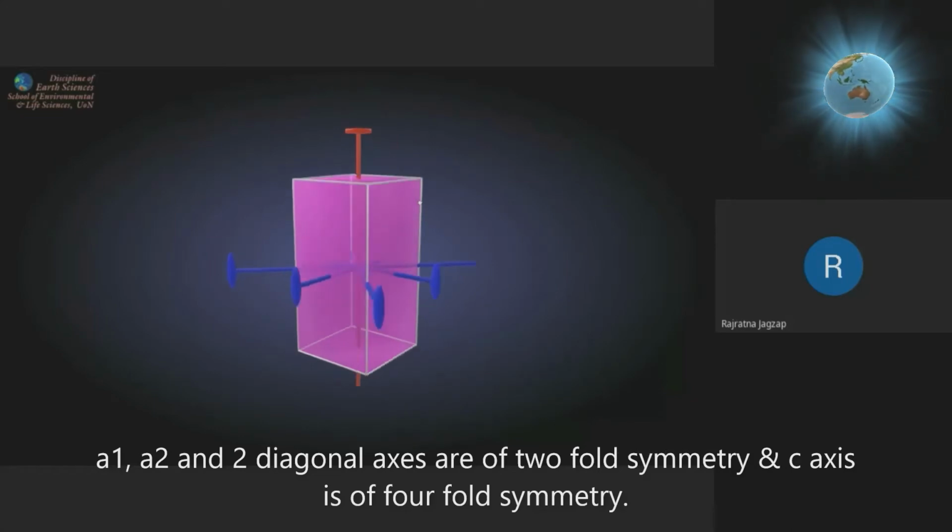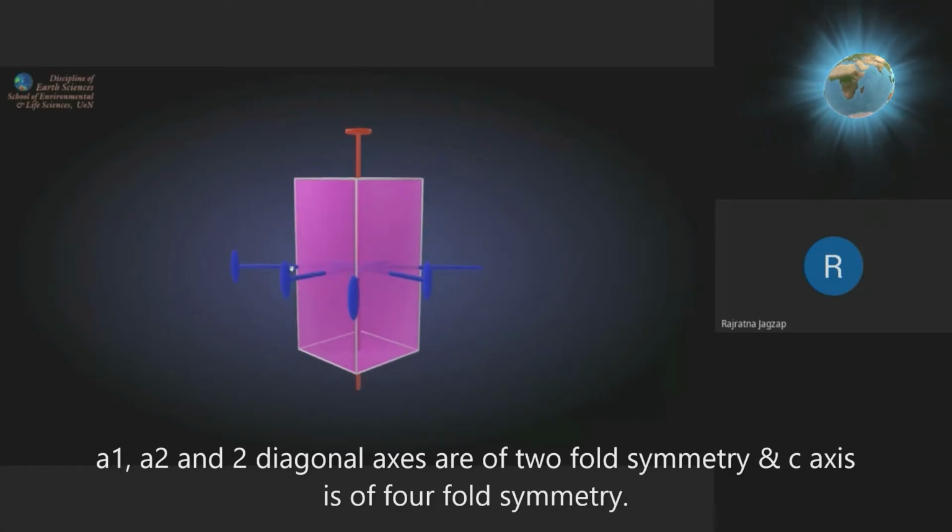If you rotate the axis like this, repeatedly this face and this face are going to appear in front of the observer. If you rotate it clockwise or anti-clockwise, you will be seeing only these 2 faces. So if you count this as 1, rotate the model, the left hand side face will come at this position.